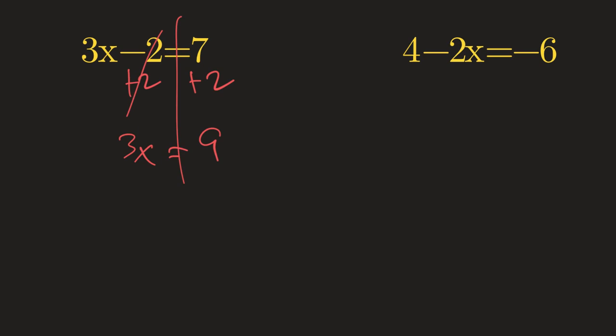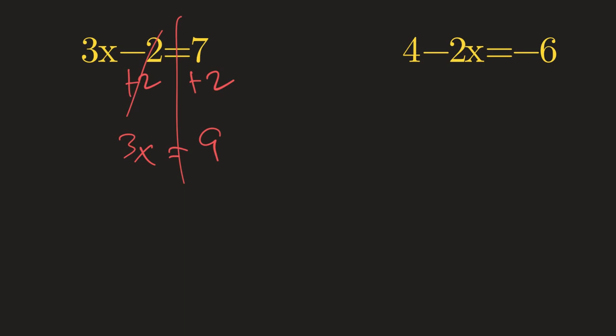Now, that term on the left side, that 3x, that's what I refer to as the variable term. That is the term that contains the variable that we are solving for. Okay? So I have isolated my variable term on the left side.